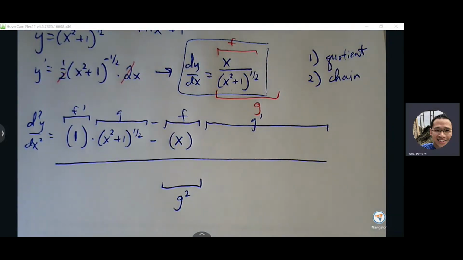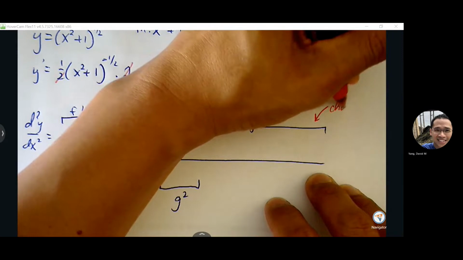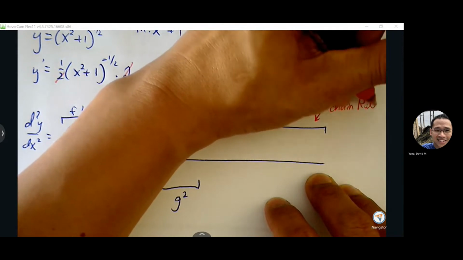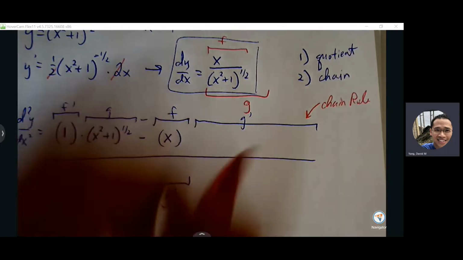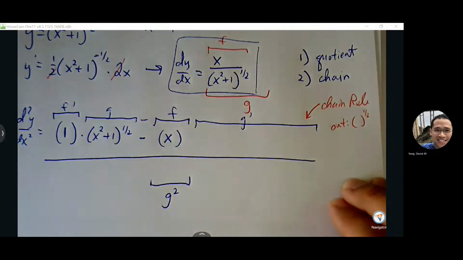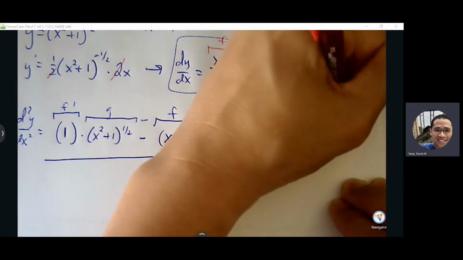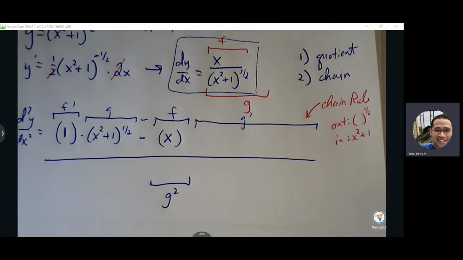And g prime, we see the parentheses with terms inside and exponent outside. Now we're going to see chain rule getting activated here. All right, so just looking at the denominator there, what's the outside portion? Parentheses to the 1/2, right? Inside portion is the x squared plus 1. And we go through chain rule just for that part right there.